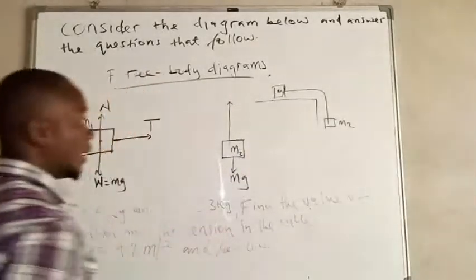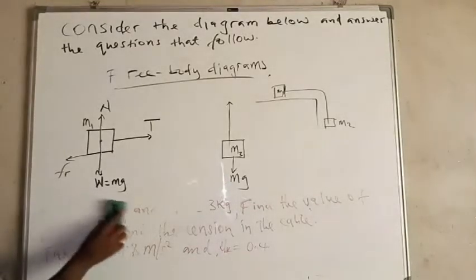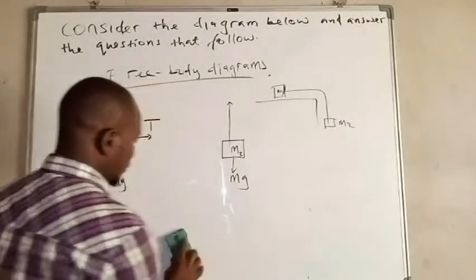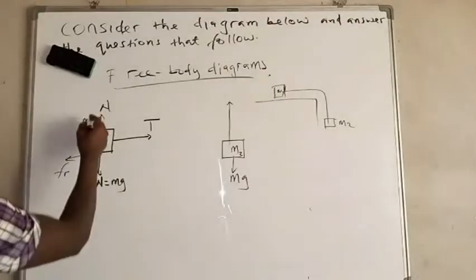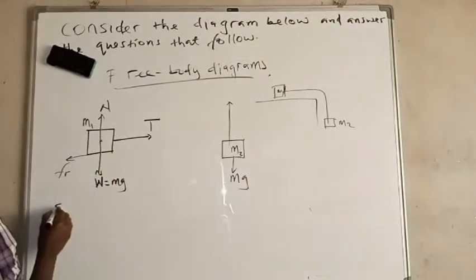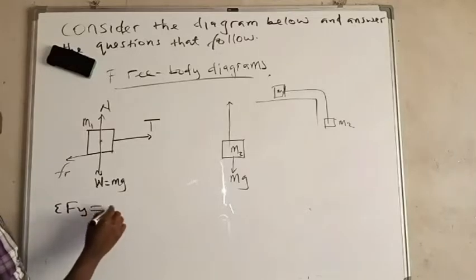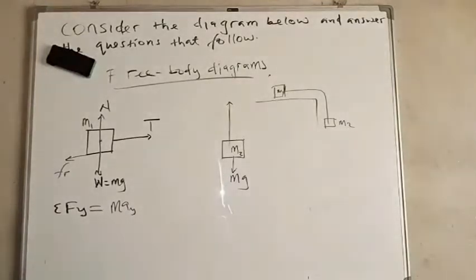Now, the next thing is we need to apply Newton's second law of motion. For this one, we know that the summation of forces in y must give us ma in y.